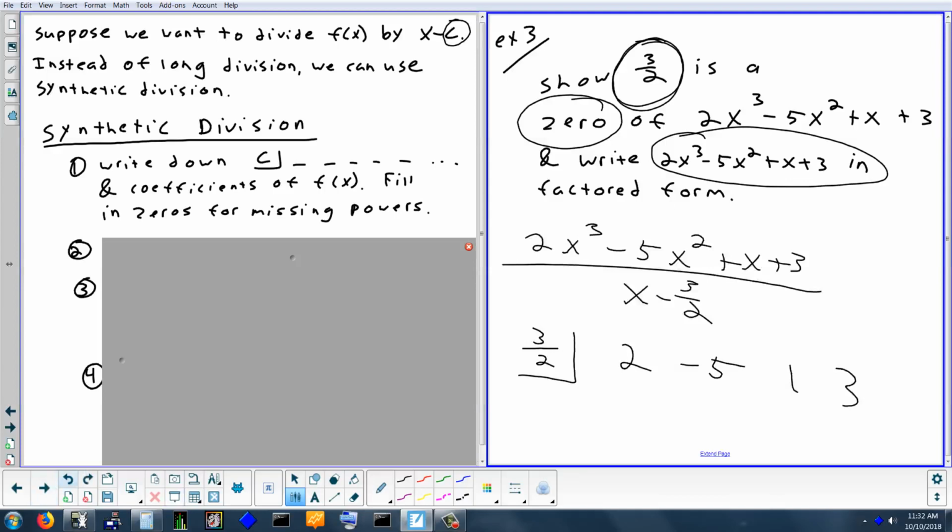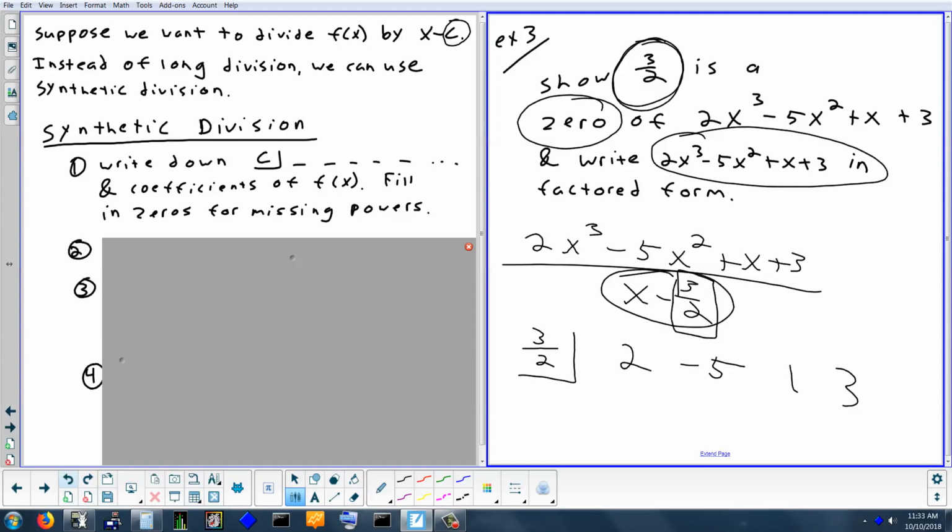I'm not missing any terms, so I don't have to fill in any zeros. And now I'm hoping that when I'm done this problem, I get a remainder of 0. That's my goal. As long as I get a remainder of 0, then I just proved what I circled is a factor. And if that's a factor, that proves that number is a root.